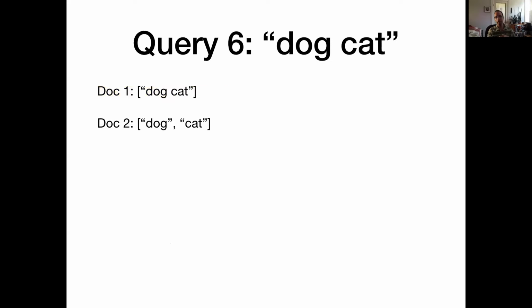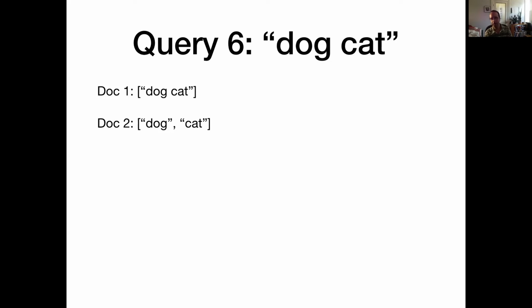Here's another detail to be aware of. We're searching for dog cat again. We're imagining the field that we're searching on as a multi-value field. We have one document that has one value in the field that exactly matches the query. And then we have a second document that has 2 values in that field, each of which contains one of the query terms.